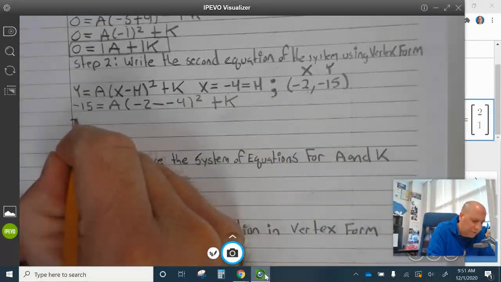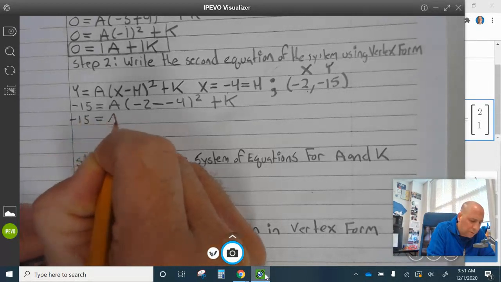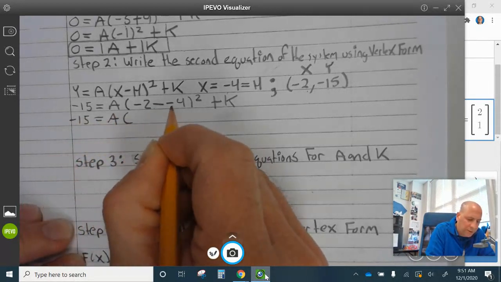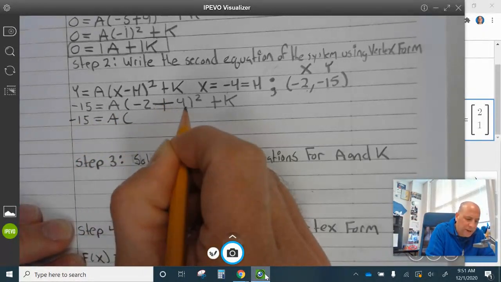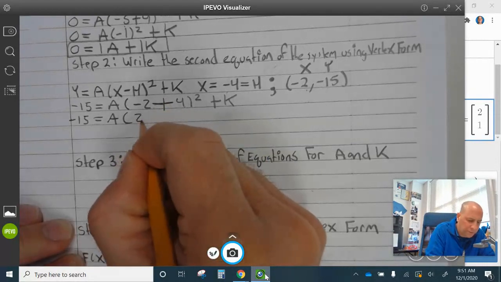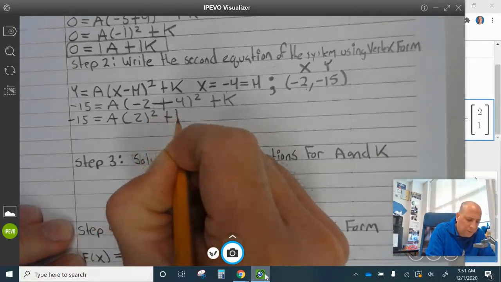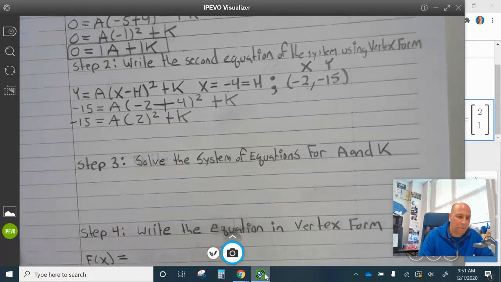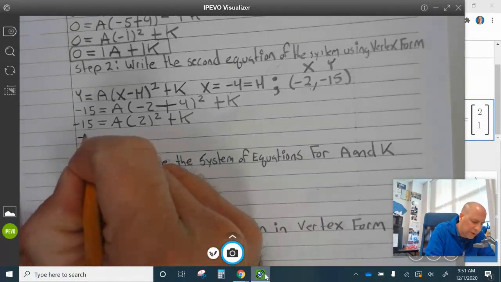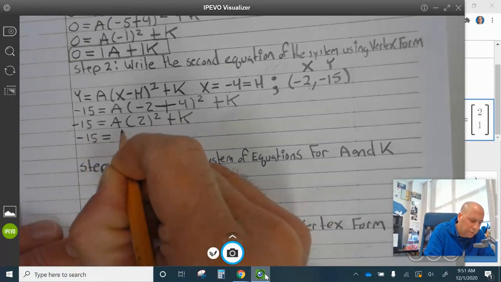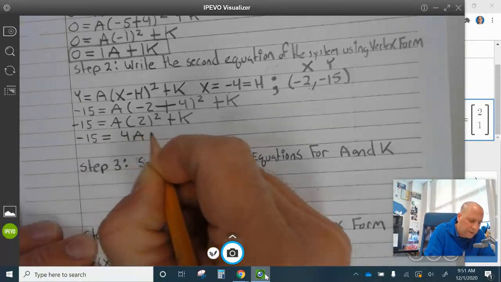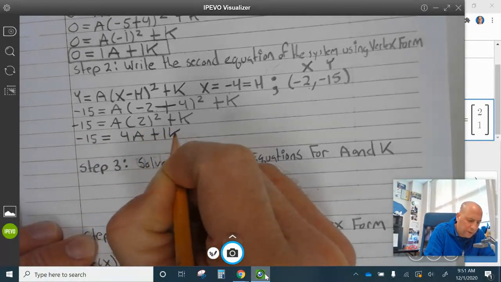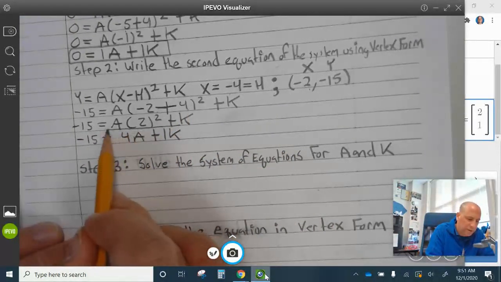Well, then that's -15 equals A. A negative times a negative is a positive, so that's -2 plus 4, which is a +2 squared, plus k. Well, 2 squared is 4, so that's -15 equals 4a plus 1k. And there's our second equation to the system.